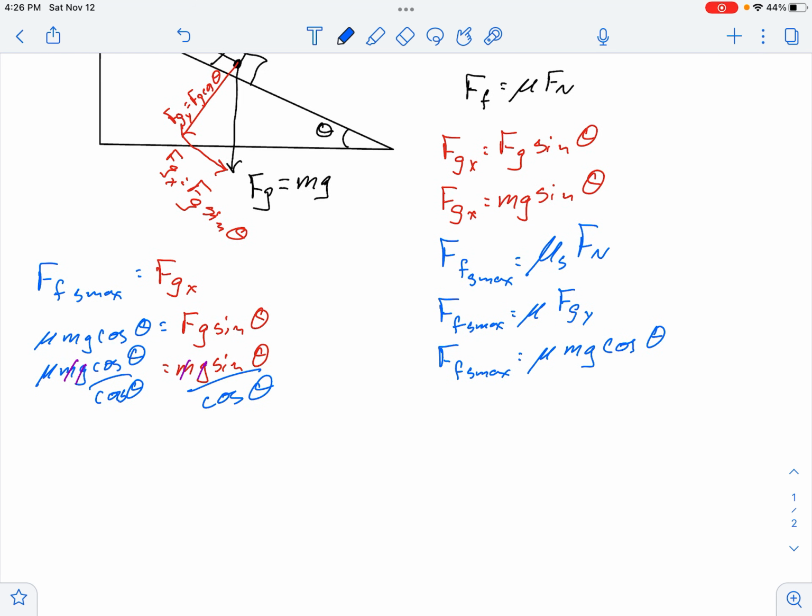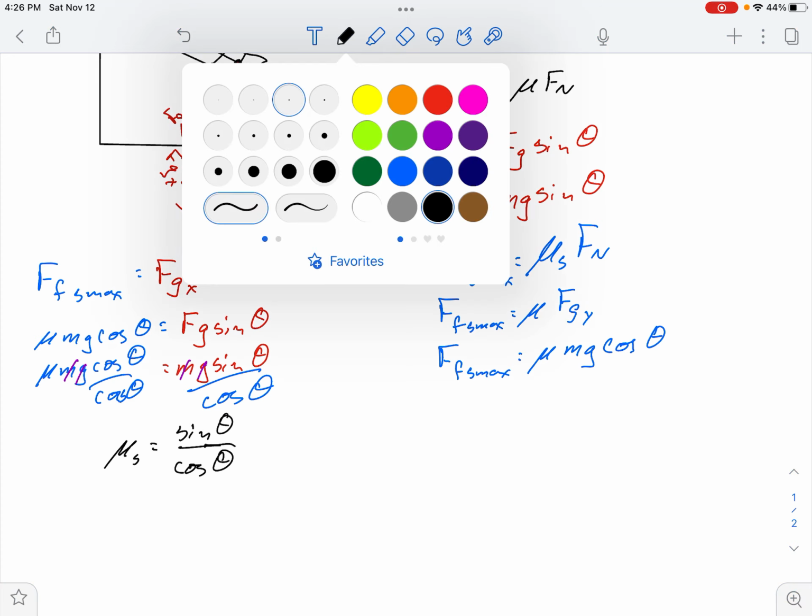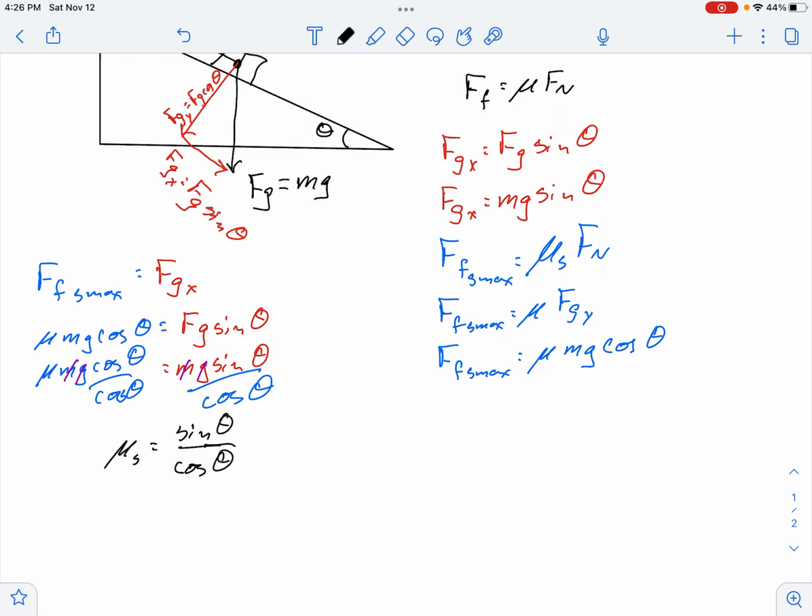For the math nerds out there, we know that sine divided by cosine means mu sub s is equal to tangent of theta. I already have mu sub s. What I'm actually looking for is my theta. So I'm going to take the inverse tangent of both sides.